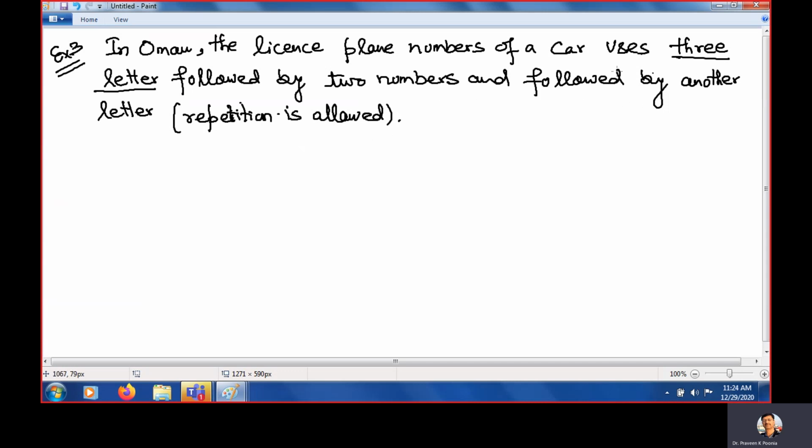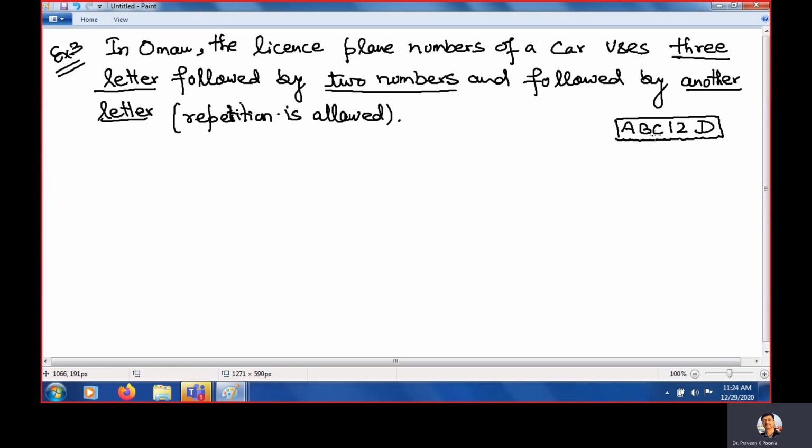So first we'll take 3 letters A, B, C, followed by 2 numbers 1, 2, followed by another letter, that is D. So the numbers on a car number plate in Oman are like this one. This is just an example. It may be different. I'm just talking as per the question.